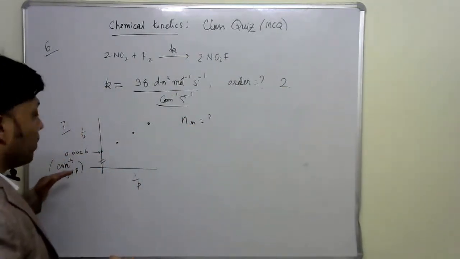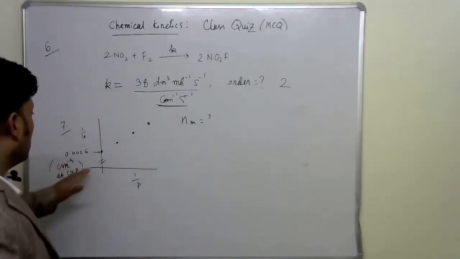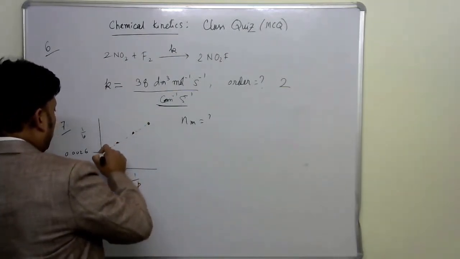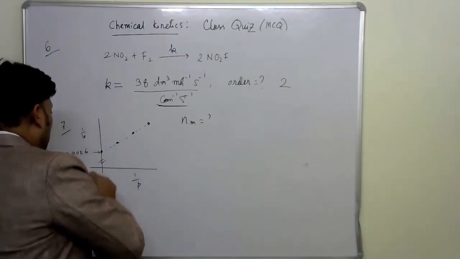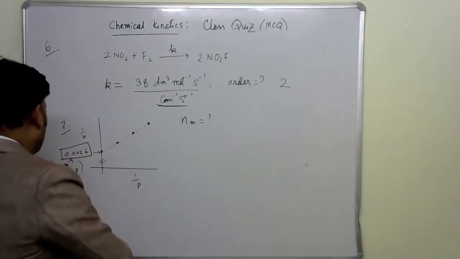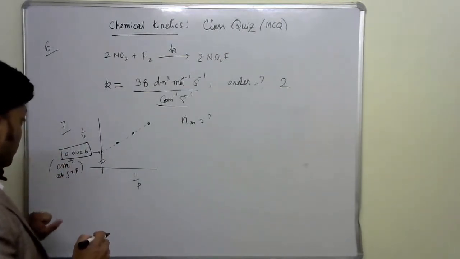So therefore we go by the same logic. From this graph plot, if we extrapolate, we come here. This is the intercept, and the intercept says that this value is 0.0026 centimeter cube inverse.